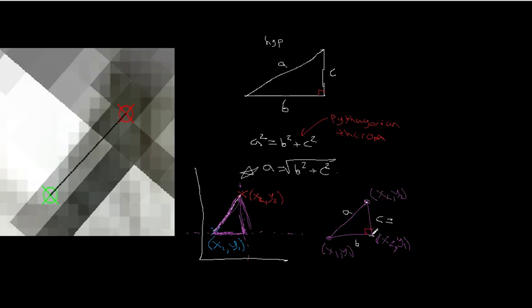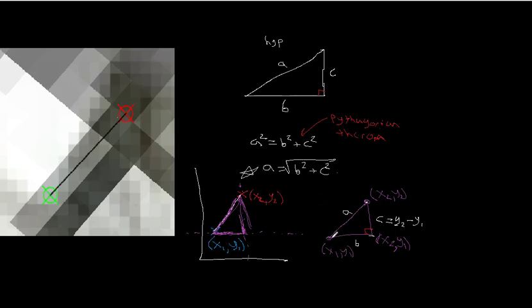So the length of this line here is going to be equal to y2 minus y1, right? Again, the y-coordinate of this point minus the y-coordinate of that point gives us the length of the line between them, which, according to our Pythagorean theorem right triangle, we call C.